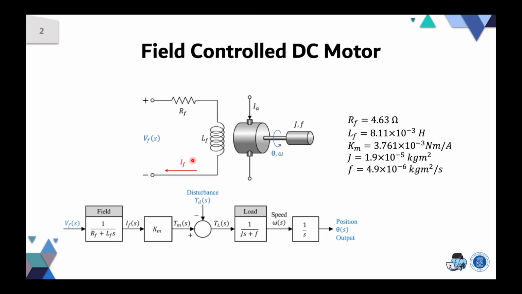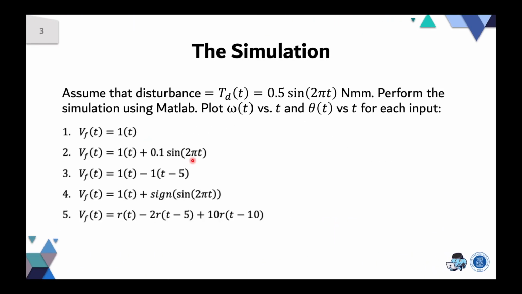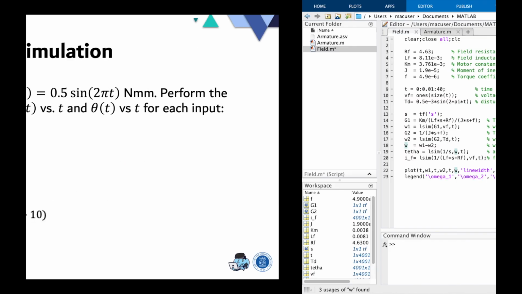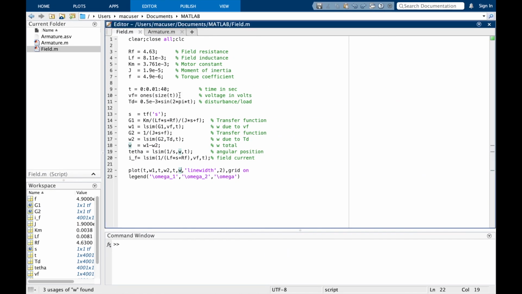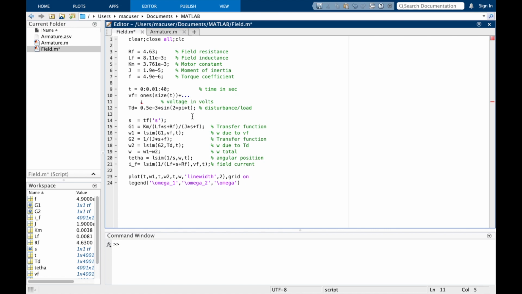Now let's try another input. For the second simulation, the input is a unit step function plus 0.1 sine 2 pi t. So here we can customize the input by adding another function, which is 0.1 multiplied by sine 2 pi t.